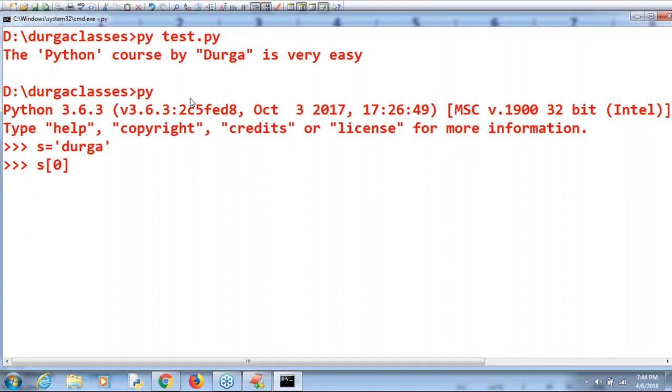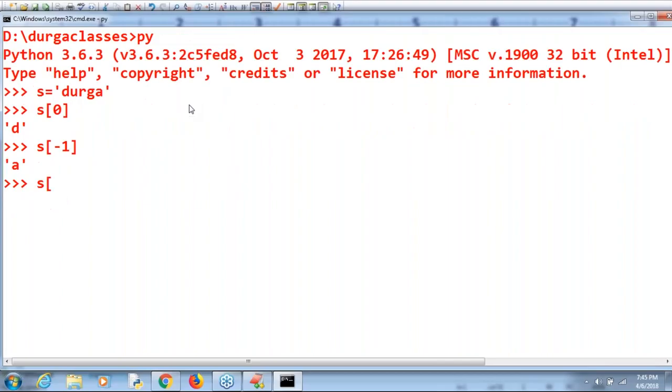S of 0 is D. S of -1? -1 means from right to left, so A. Correct or not? S of -2? The last but one, G. By default we are going to get G.